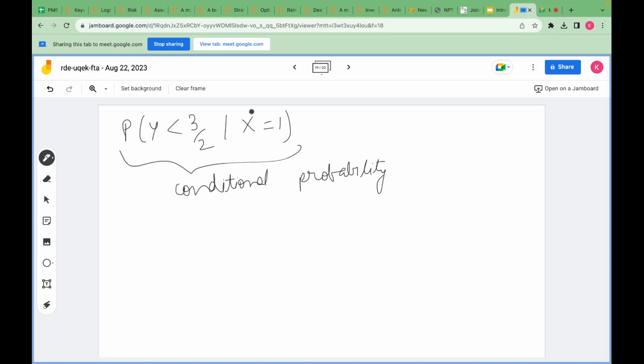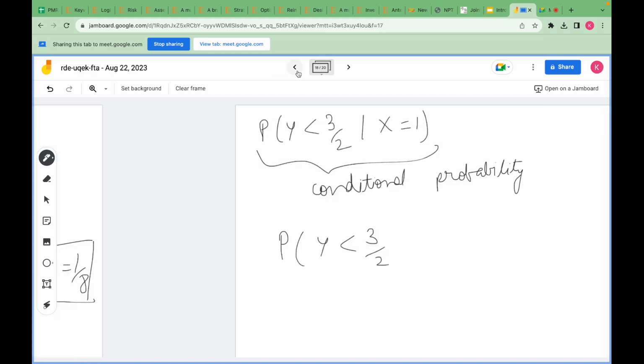Here x is equal to 1 and y should be less than or equal to 3 by 2 given that x is equal to 1.